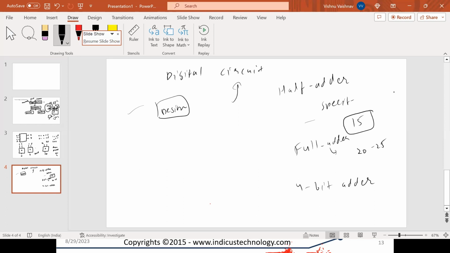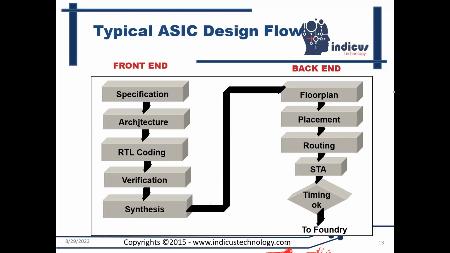You write the code, and this code is not talking about circuits. It is talking about the specification, the behavior you have in the specification. You don't have to worry about how the circuit will form. You just need to worry about writing code that describes the behavior. Like, I'll show you something here.